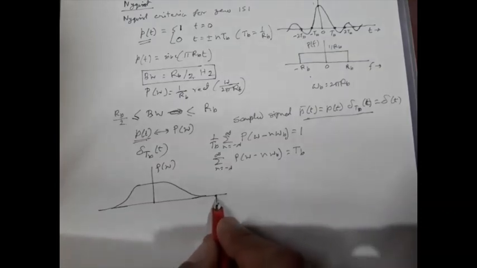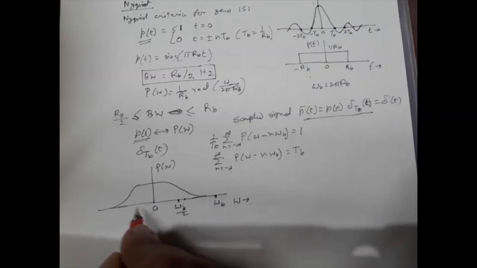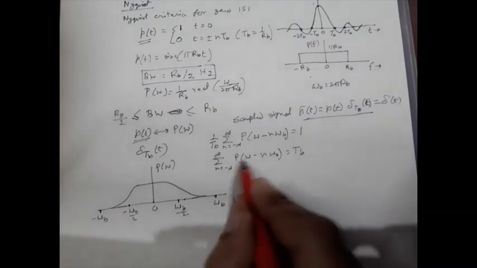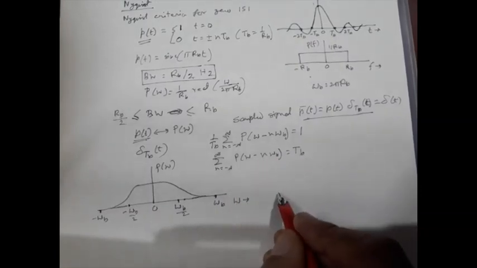This one is omega b, we are plotting with respect to omega. This is omega b by 2, this is 0, minus omega b by 2 and minus omega b. So if this is the pulse shape, then the addition of all the pulses must be constant.